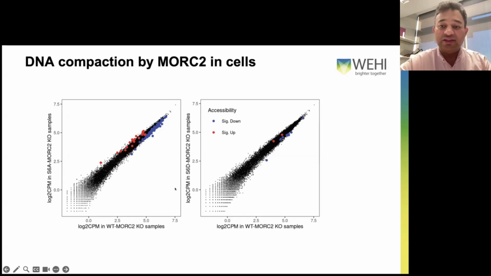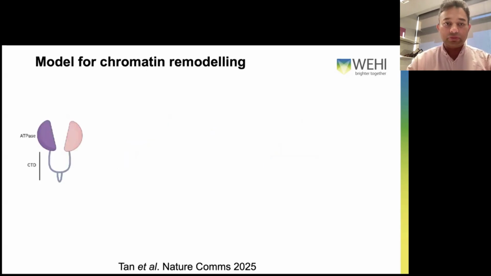And this is ATAC data, by the way, which I'm showing you here. But if you look at the plot on the left, which contains the phosphodiesterase version of MORC2, then indeed there is a lot of compaction in its presence. So that also shows you that the observation we saw in our single molecule assays is indeed happening in cells as well.